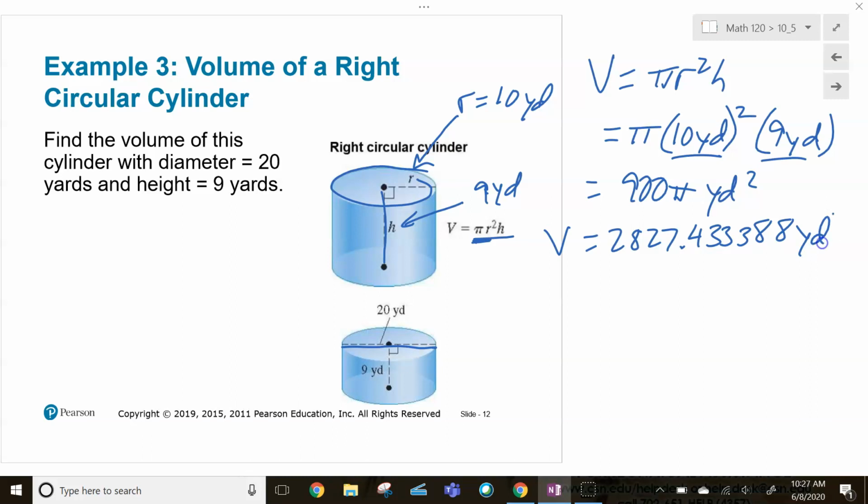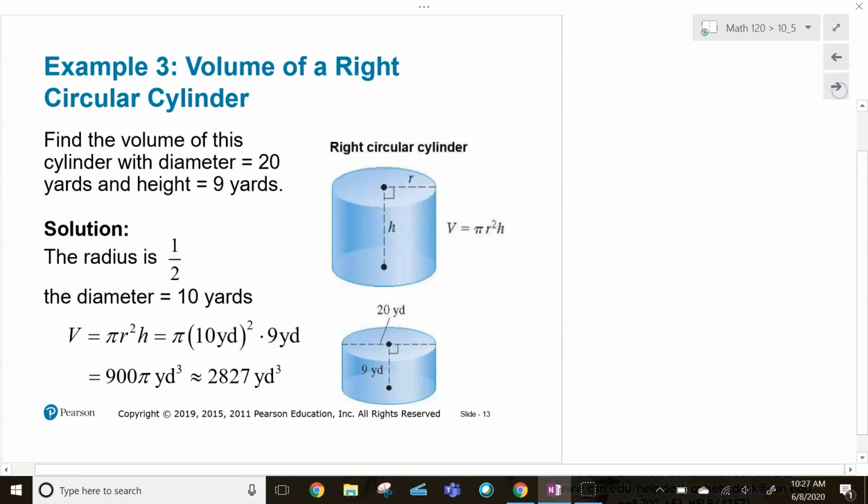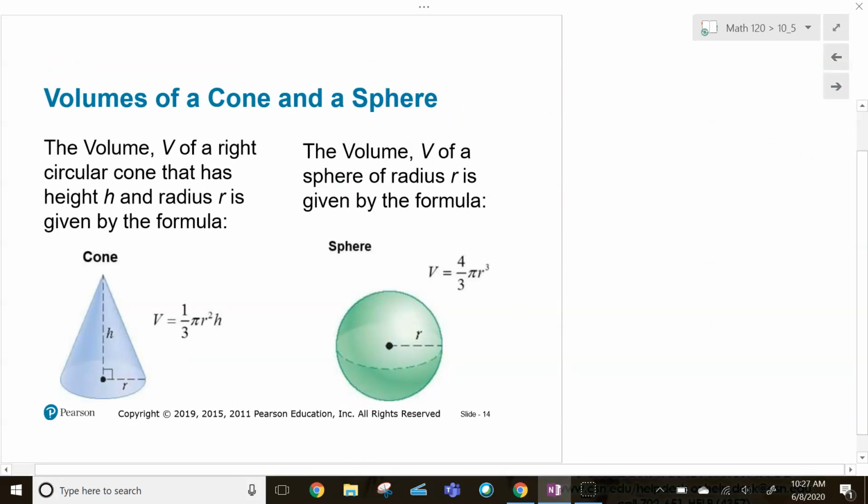Cubic yards, right? So let's say they said round it to the nearest whole unit. The 4 has to be 5 or above to bump that up, so in this case it would just be 2827. So approximately 2,827 cubic yards.